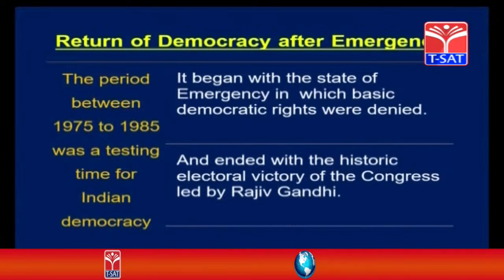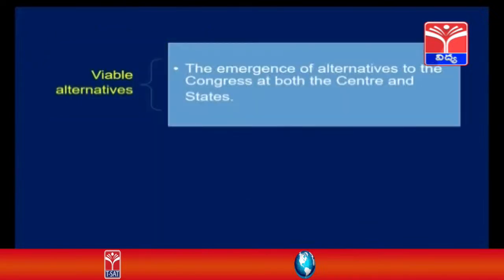And this period ended with the historic electoral victory of Congress led by Rajiv Gandhi. Though it started with the rule of the Congress party, here they saw viable alternatives, the emergence of alternatives to the Congress both at the center and in the states.